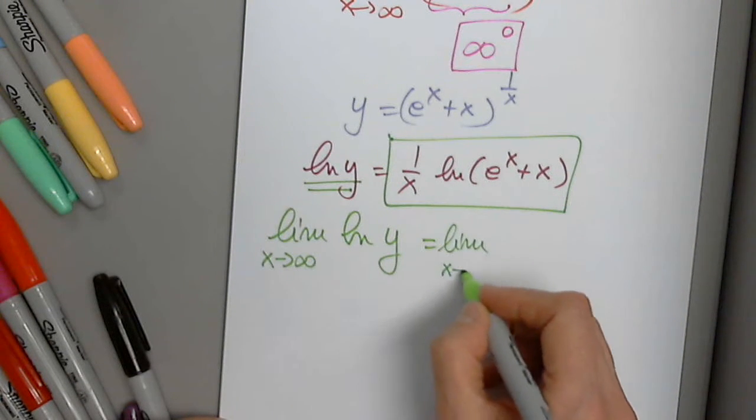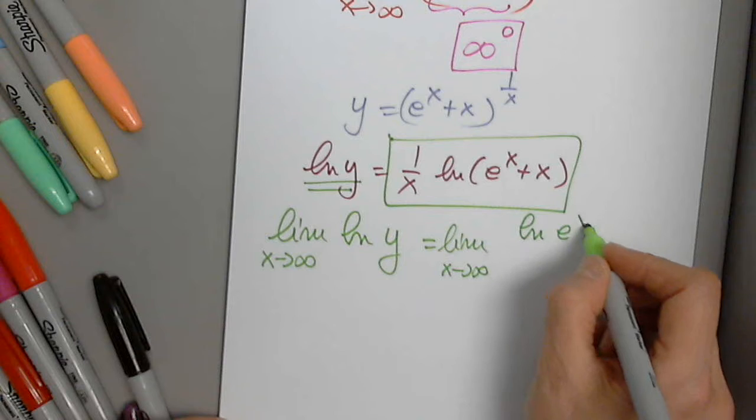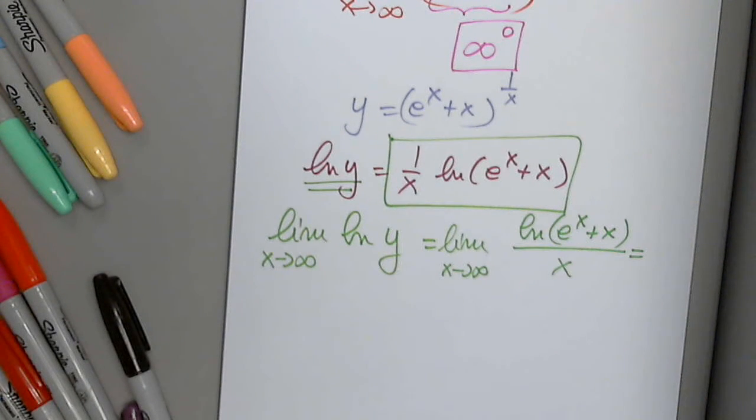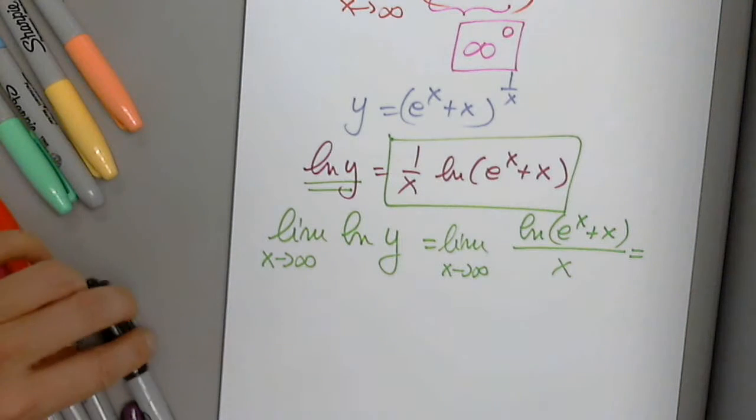So limit as x approaches infinity of natural log of e to the x plus x, over x. What am I hoping for at this point? That when I plug in infinity, my hope is infinity over infinity or 0 over 0, correct. That's my hope. Let's see if we get it.